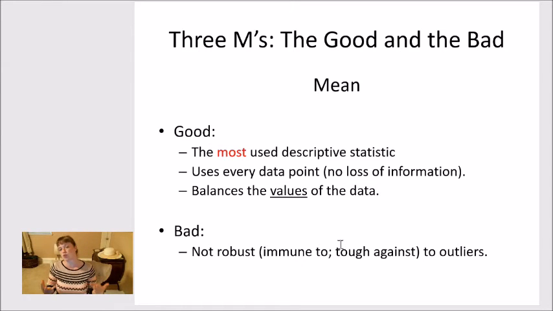And so that's sort of a drawback of the average. Because it incorporates everybody's actual score, that's a good thing, no loss of information, but that has drawbacks because extreme scores called outliers are going to greatly affect it. So it's not robust. It's not tough. It's not immune to outliers.